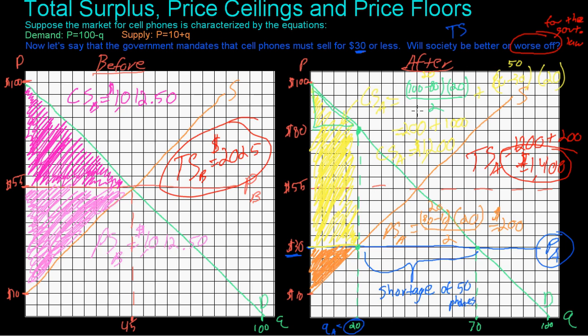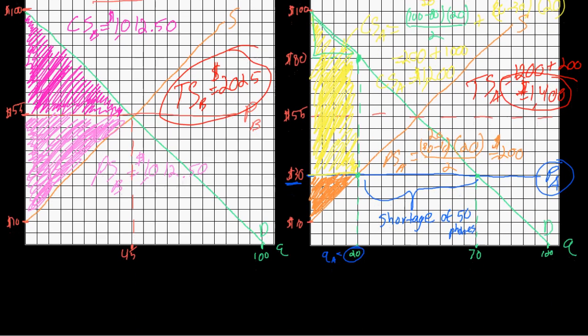So now we want to figure out exactly how much worse off are they. And so I'm just going to scroll down to give myself a little bit more room to write. And they're worse off just by the difference between these two. So the change in total surplus, I should do this as the after minus the before.